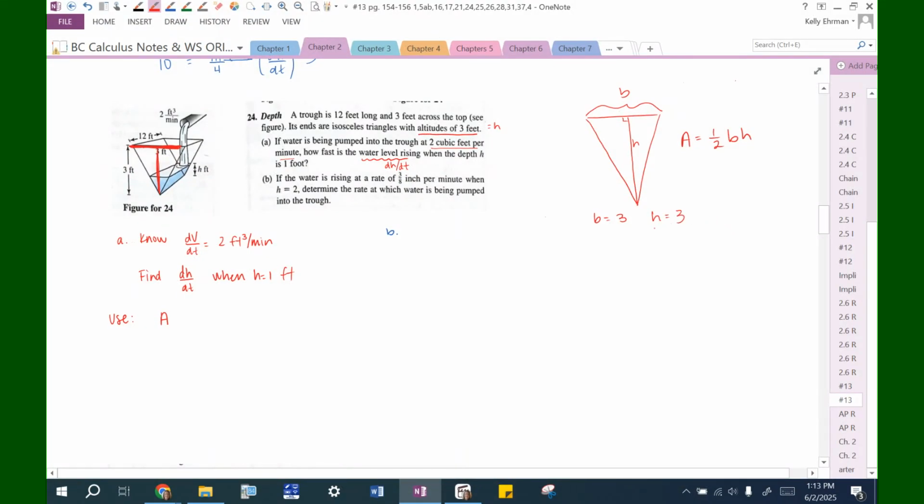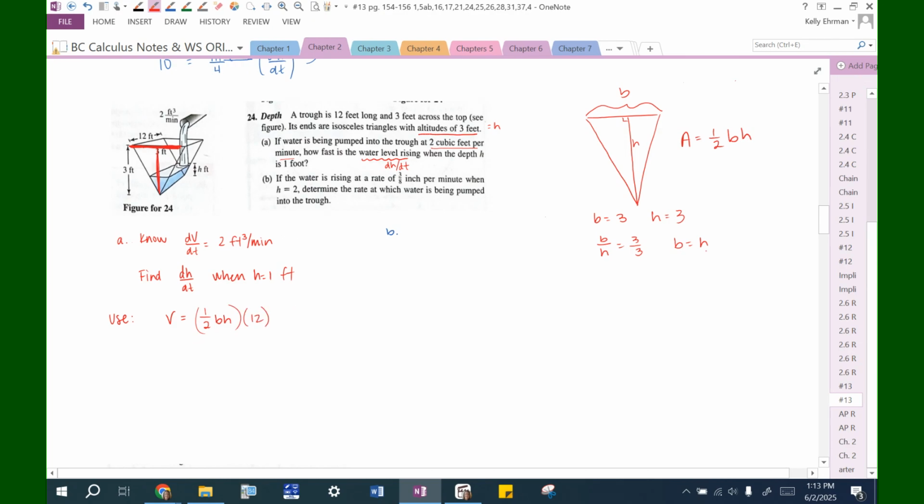H equals 3. And so what that means is B compared to H is 3 over 3. So that just means that B equals H. So in my formula, the volume of this prism is going to be the area of the triangle. So I could start out like this. It's 1/2 base times height, and then you multiply that face times the depth, which is 12.